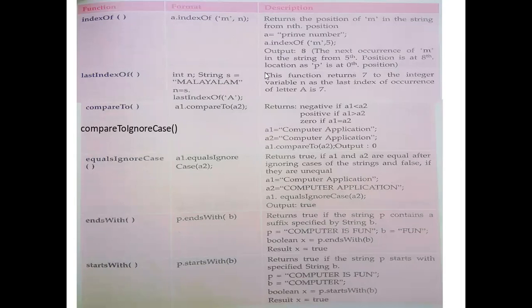Since it says fifth position, 0, 1, 2, 3, 4, 5, 6, from here onwards, the next position where M is there is 8. So it gives 8 as the answer. Yes. Okay.